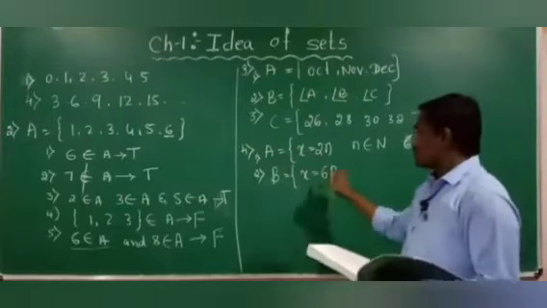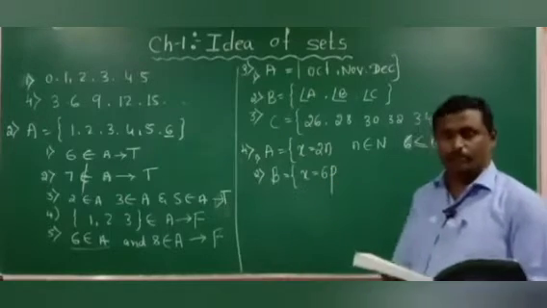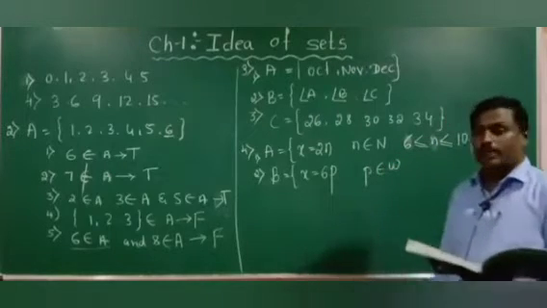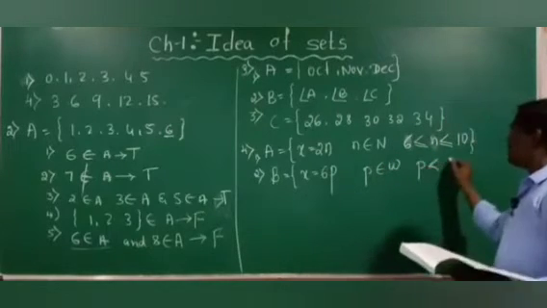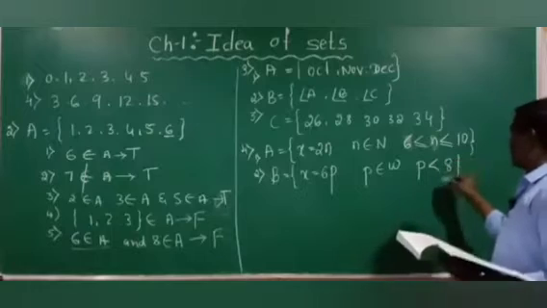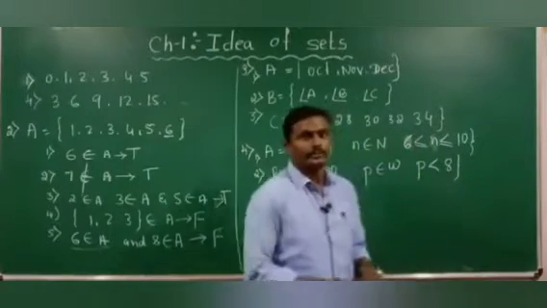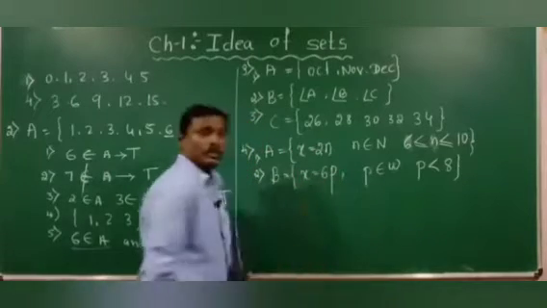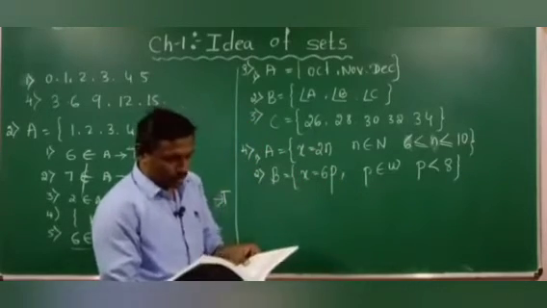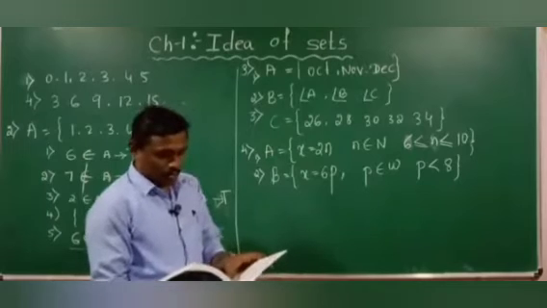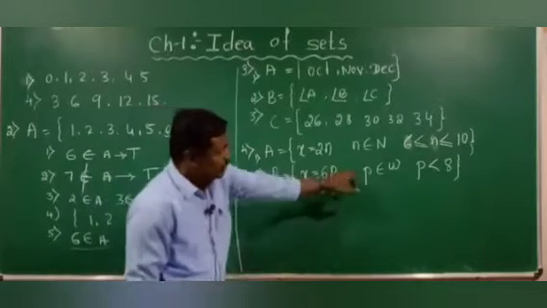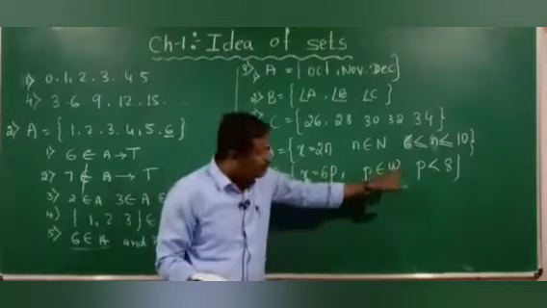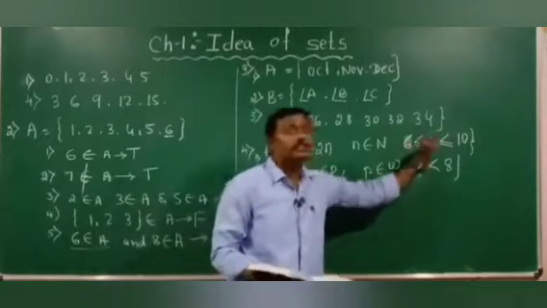So x is equal to 6p, where p belongs to whole number, p is less than 8. What is the exact meaning of this condition? What they are given in the statement? The set of the whole numbers that are divisible by 6. Here p is considered as a whole number, that p belongs to whole number, that p is less than 8.